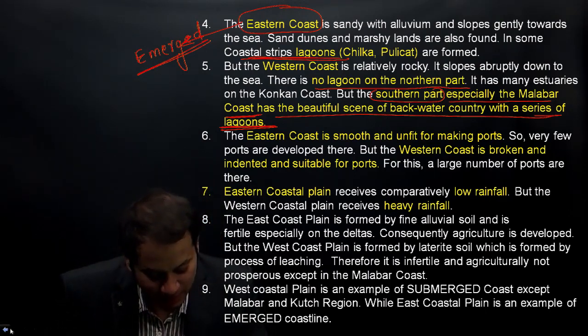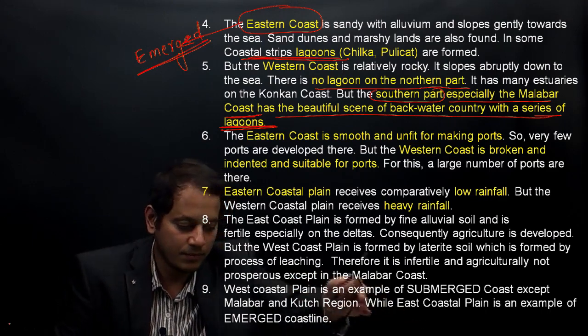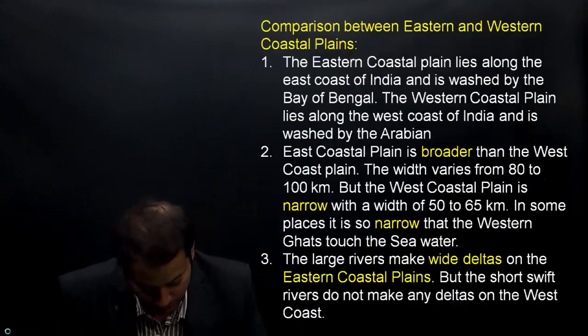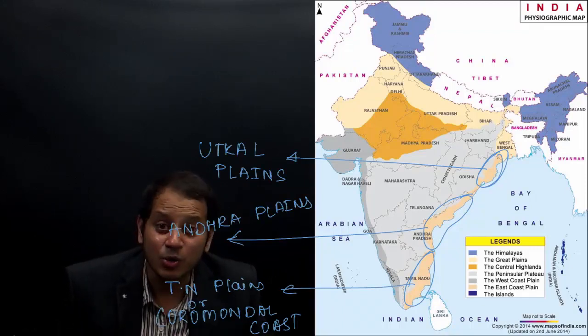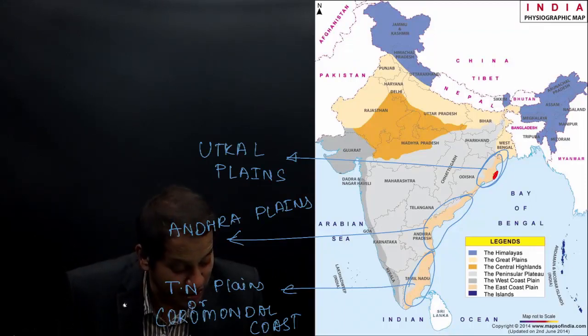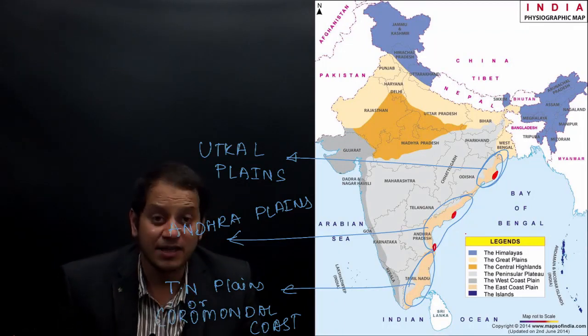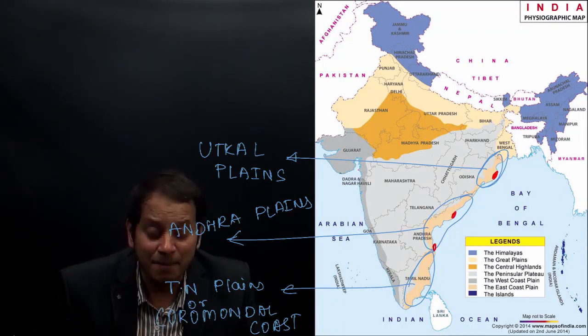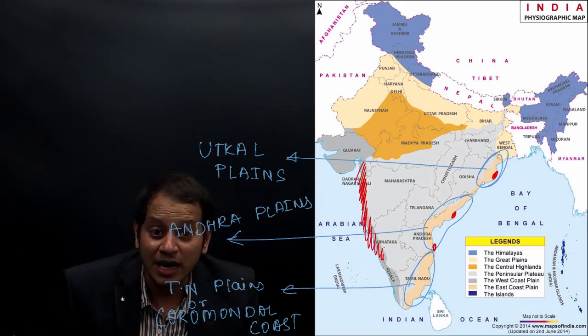So let us come to the first slide here. So there are lagoons on the east coastal plain, Chilka, Pulicat Lake. Here there are numerous lagoons, but on the northern side of the west coastal plains, because it is an example of a submerged coast, you do not have a lagoon.